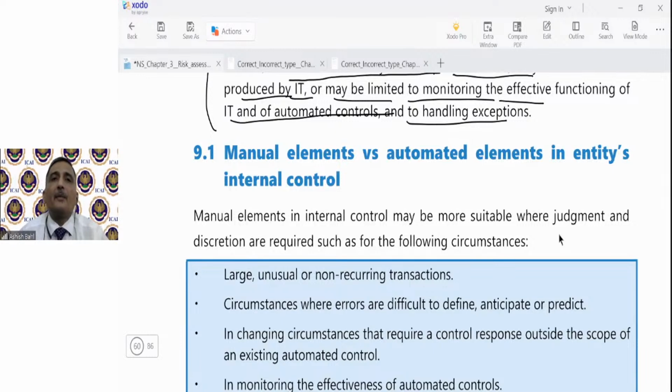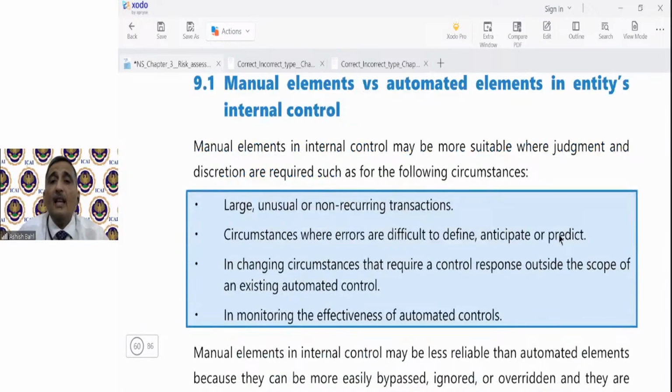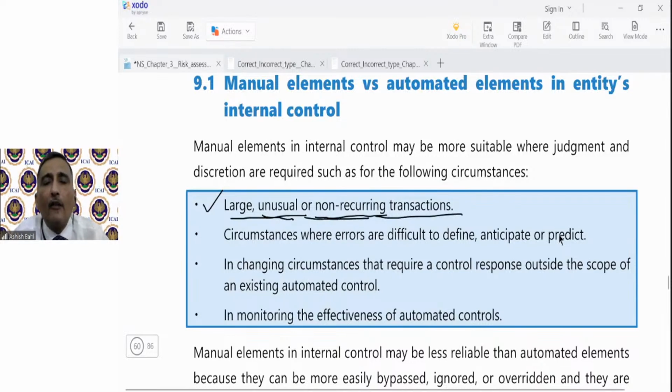So in some circumstances, students, manual controls may be more suitable, may be more required. So what are those circumstances? Like large, unusual or non-recurring transactions. So there are transactions which do not occur quite often.